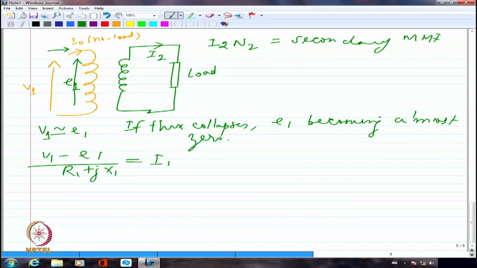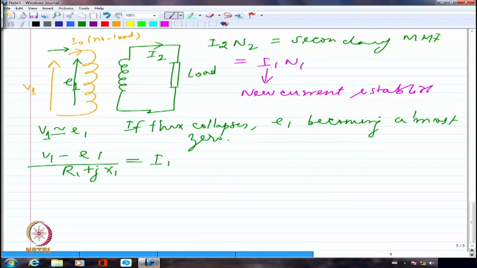So this essentially tells me that I2 N2 should be equal to I1 N1, where I1 is the new current established in the primary winding. Obviously, I will still have this I0 present.